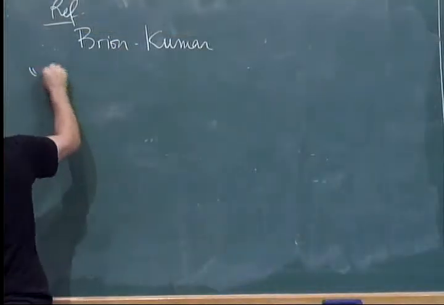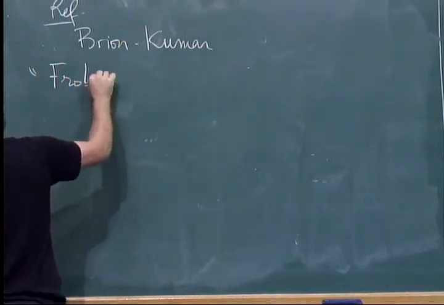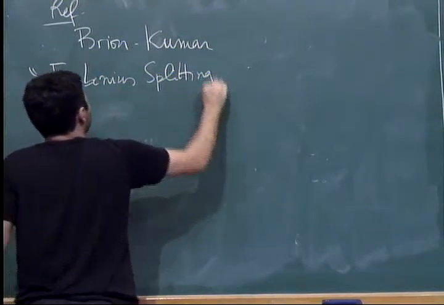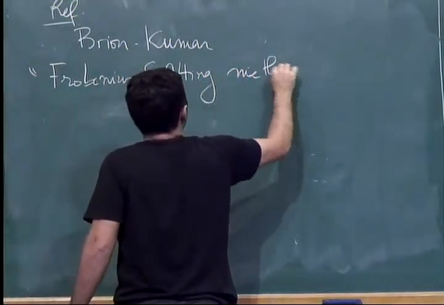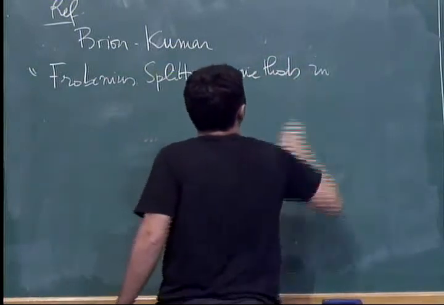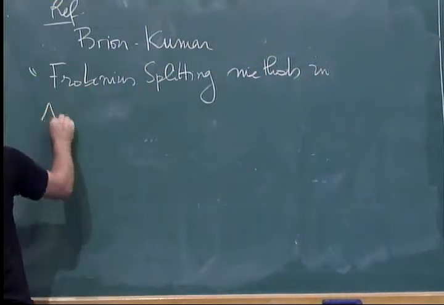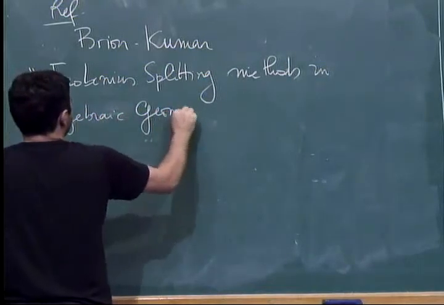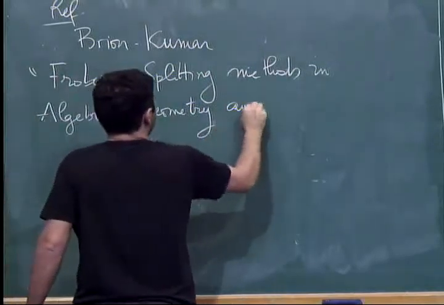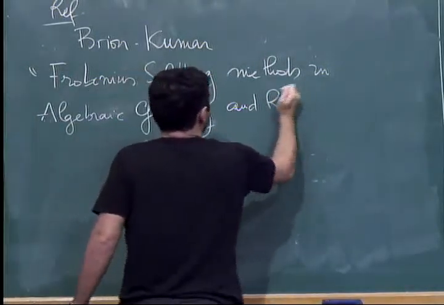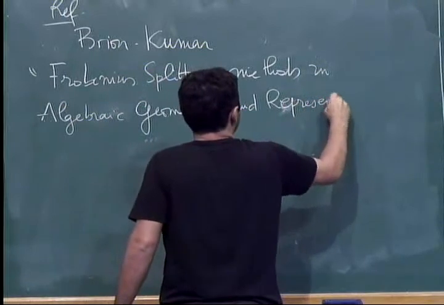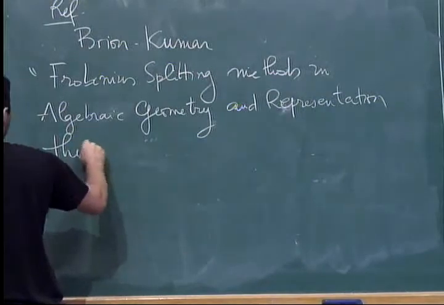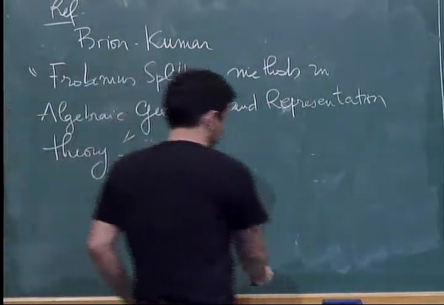And the title is Frobenius Splitting Methods in Algebraic Geometry and Representation Theory. And I stop.